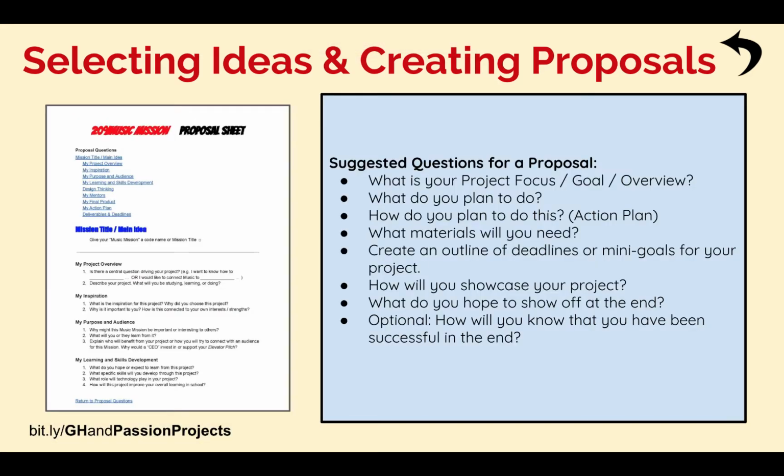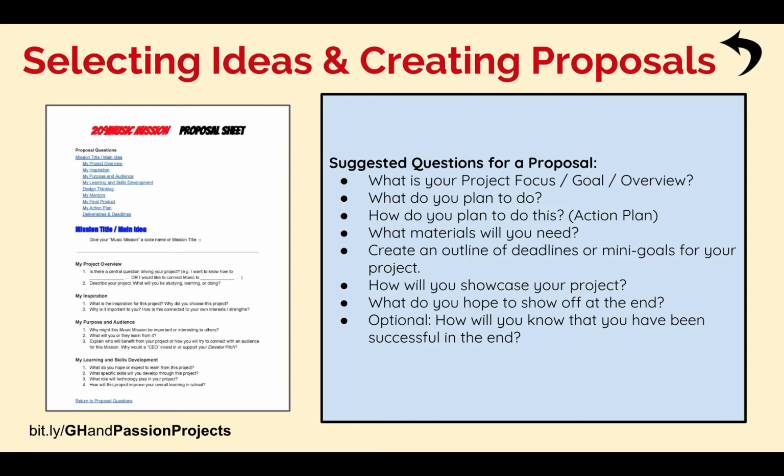Once students have decided on their topic idea, have them create a proposal. And this can be the first piece that perhaps is handed in and evaluated. You can make it a detailed proposal if you're working with some of the senior grades, or with the junior grades, simply keep it to 4 or 5 questions, such as, what is your project idea or goal or focus?